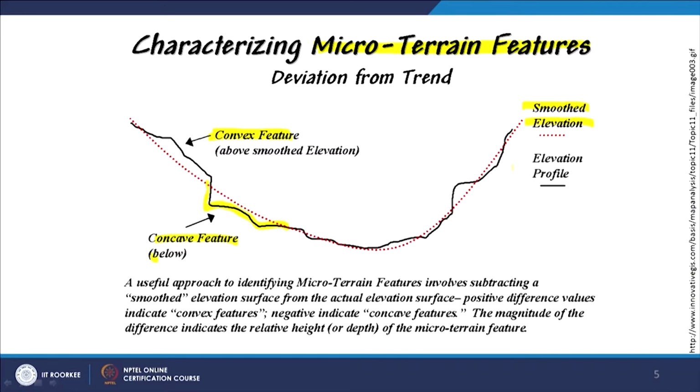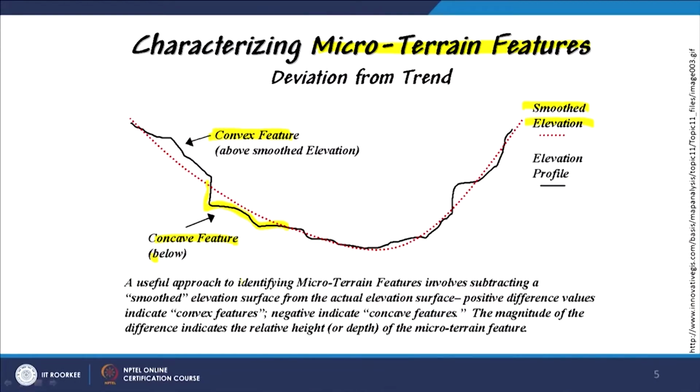And then you get the micro terrain characteristics of a terrain, especially along a line, which can be a straight line or an arbitrary line. This information is very useful for identifying micro terrain features, which involves subtracting a smoothened elevation line, or you can say a best fit line, from the actual elevation surface. Positive differences indicate convex features, whereas negative differences indicate concave features.